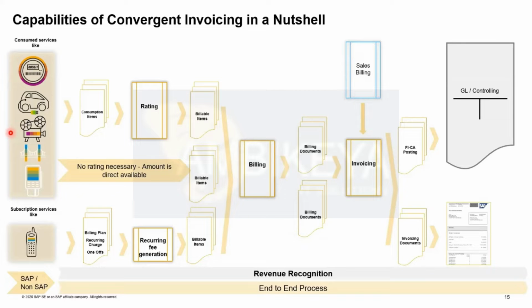We are dealing with contracts, long-term contracts over a certain contract term. All this information is imported into convergent invoicing in a very flexible and easily operated way, with different information that these events or transactions can carry.